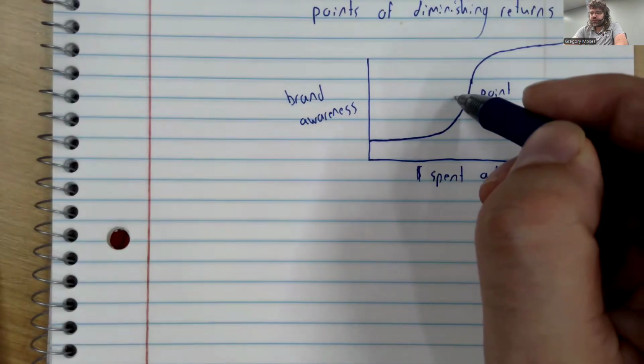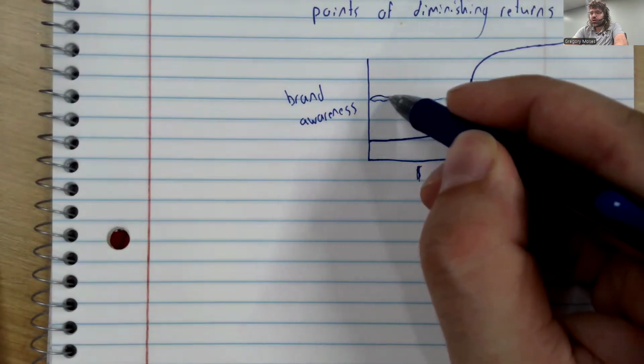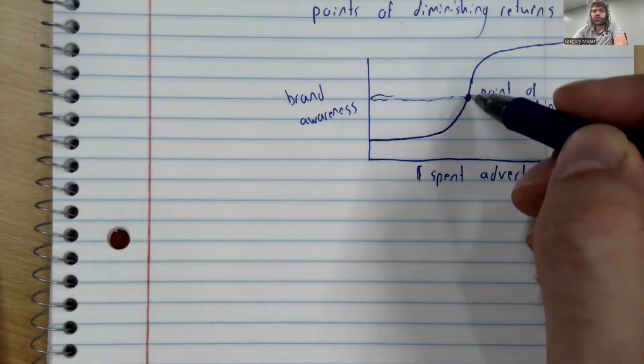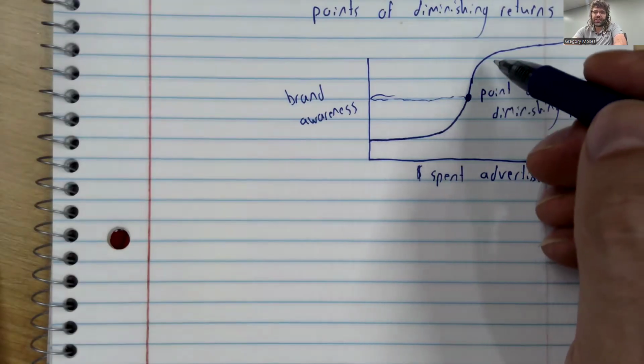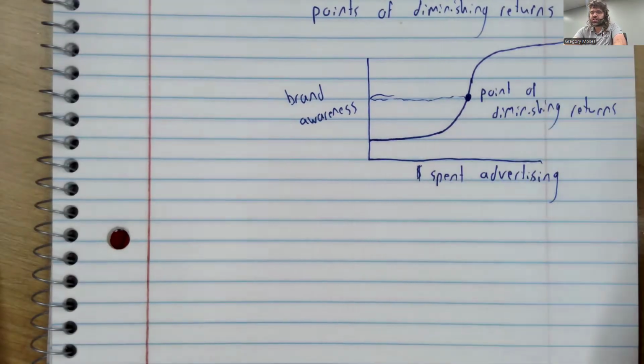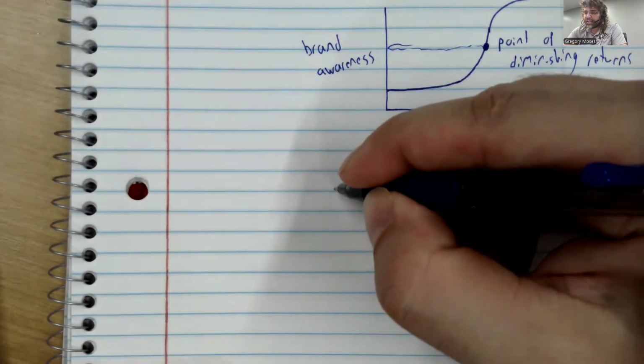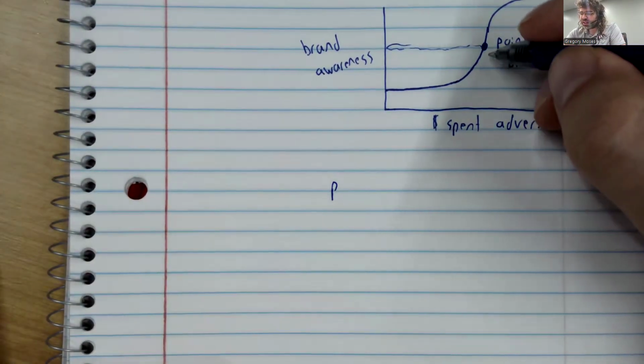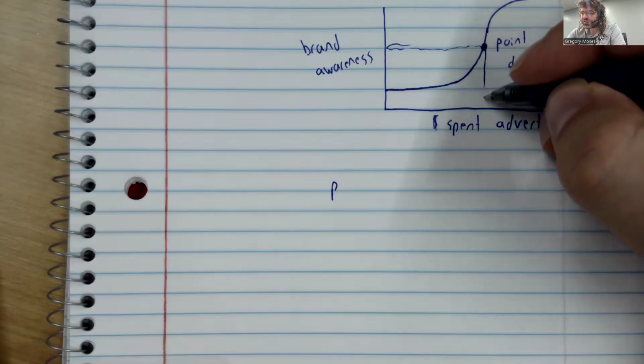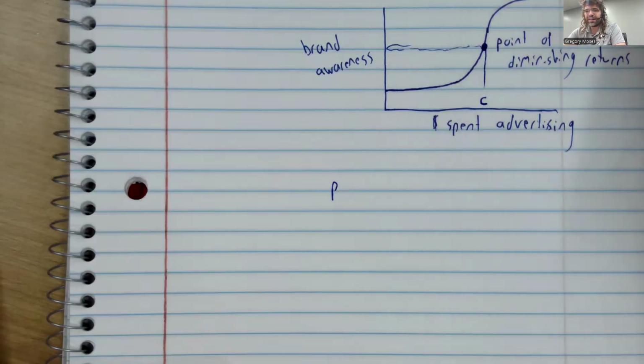I mean, if we can make our brand awareness much better than it is at the point of diminishing returns. What it does mean is that, let me give this a name so that I don't have to keep writing a point of diminishing returns. Let me call it C.